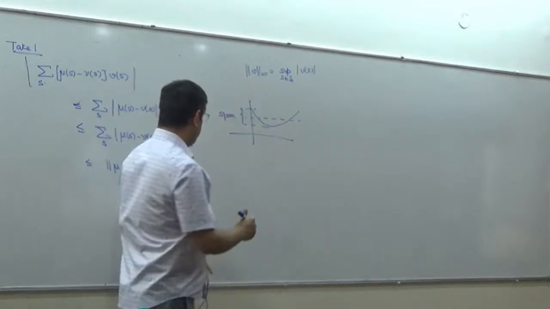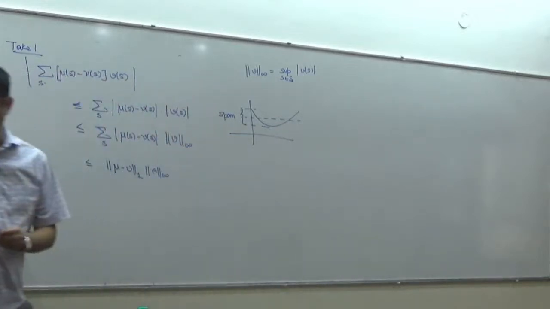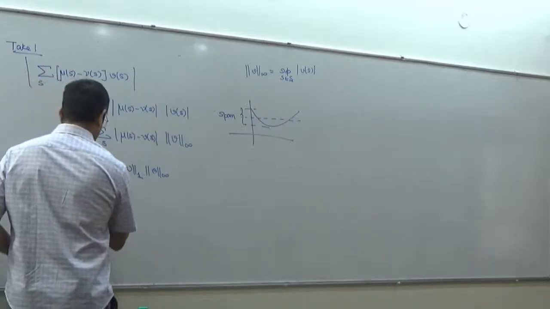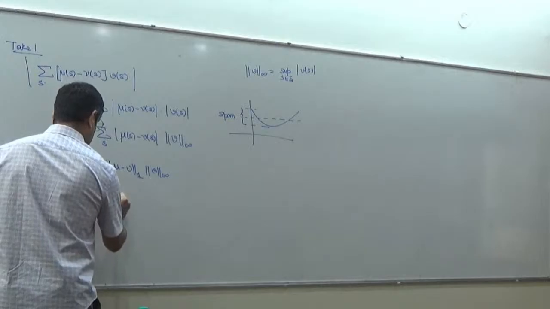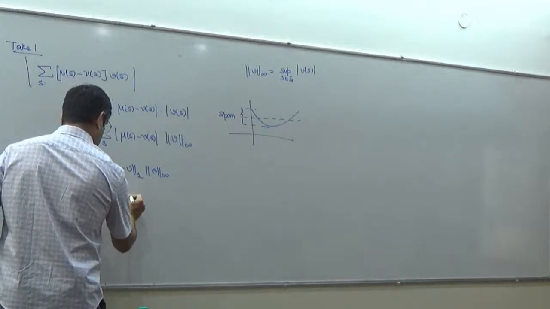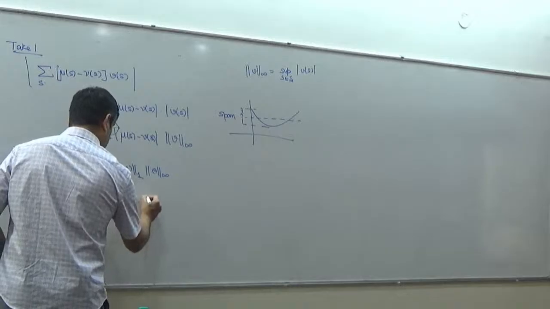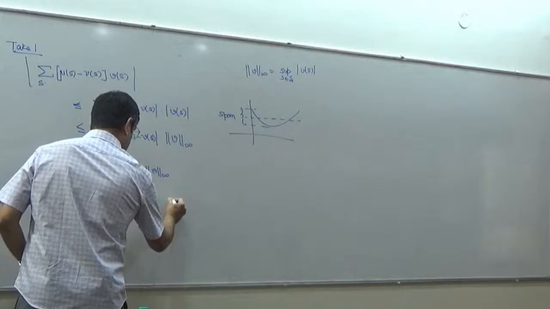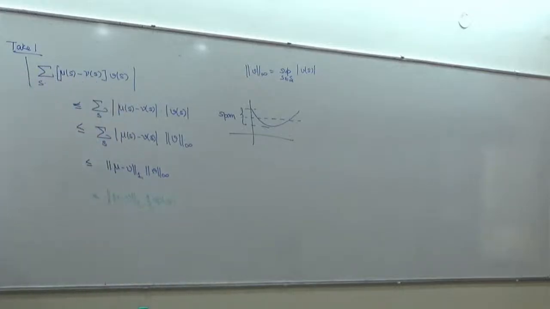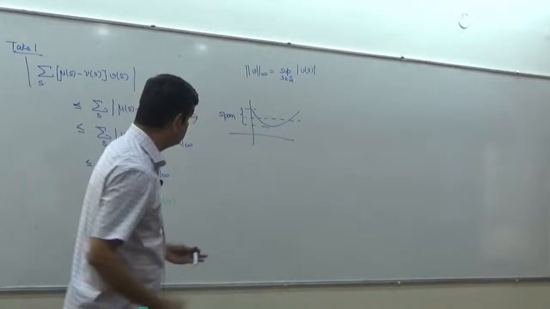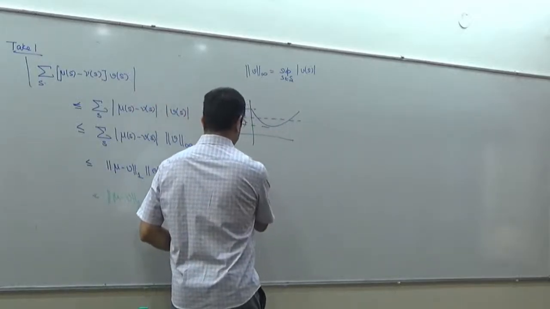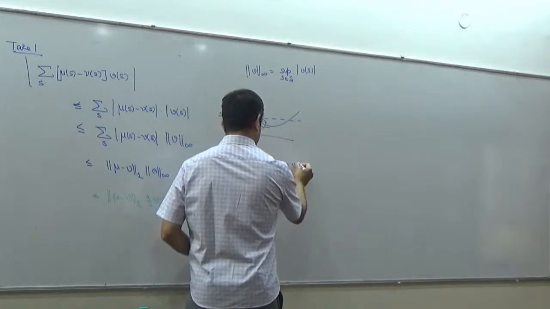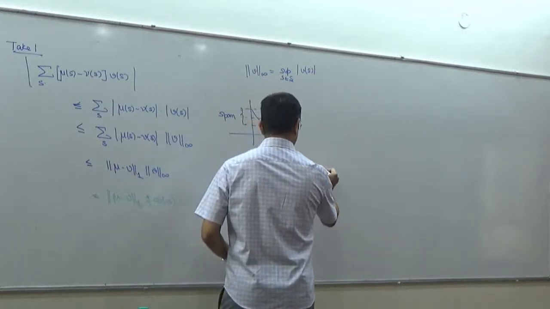So, the best bound that I can get here, with a little bit of effort, I can show that I can actually get a tighter bound, which is going to be the L1 norm of mu minus nu and half of the span semi-norm of V, where span is, as I defined here, the max over S of V of S minus min over S of V of S.